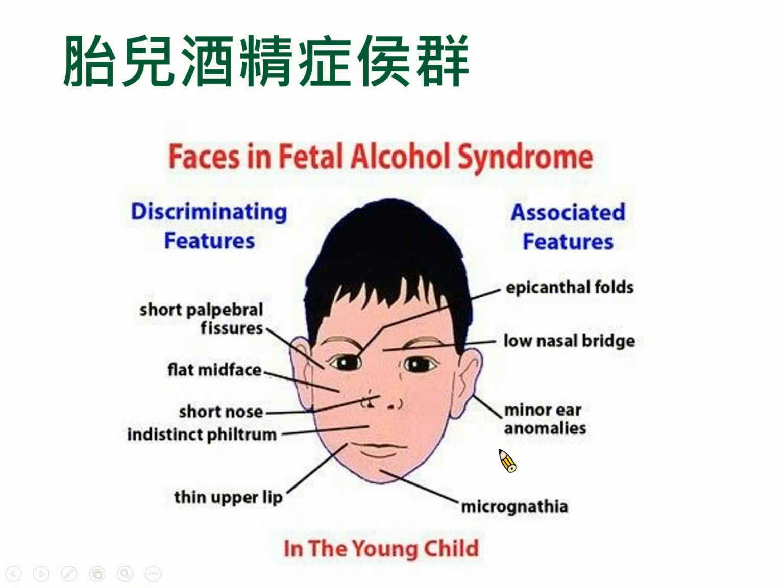The ears are small, 好像老鼠, like a rat, and the upper lip is thin, along with micrognathia, in fetal alcohol syndrome.